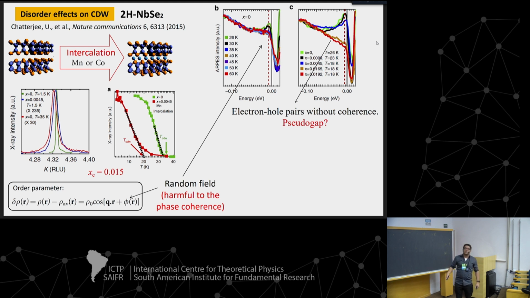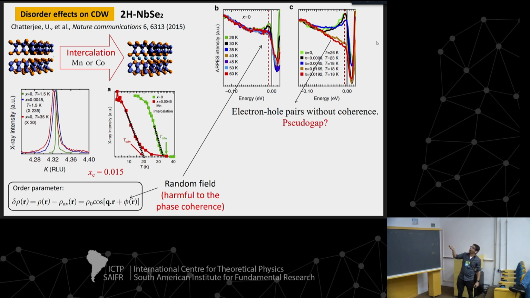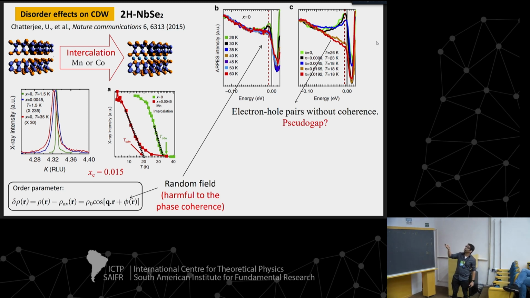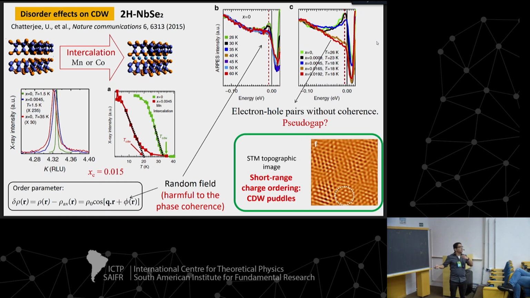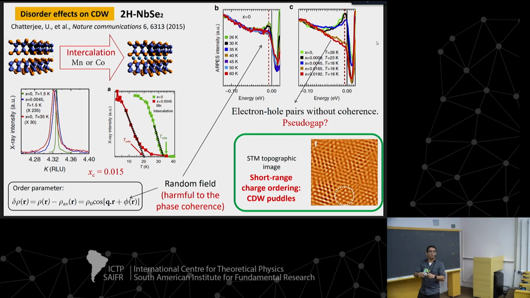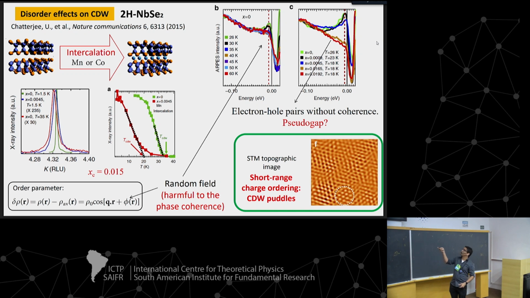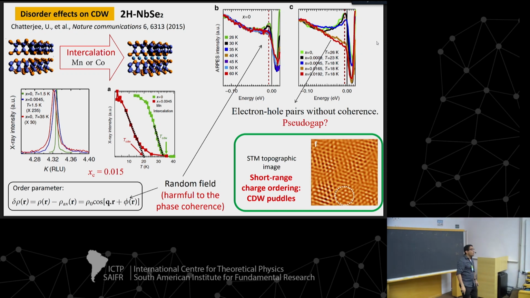This random field destroys it. This is an ARPES measurement that shows that your peak away from the Fermi level is destroyed. So you still have a gap, but you don't have coherence between your electron-hole pairs. Actually, if you perform STM, you see puddles of strongly correlated charge density wave, but with a lot of domain walls.